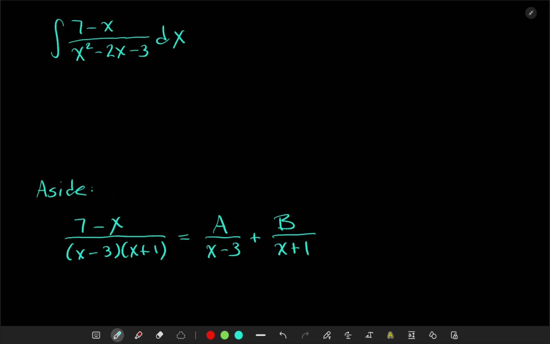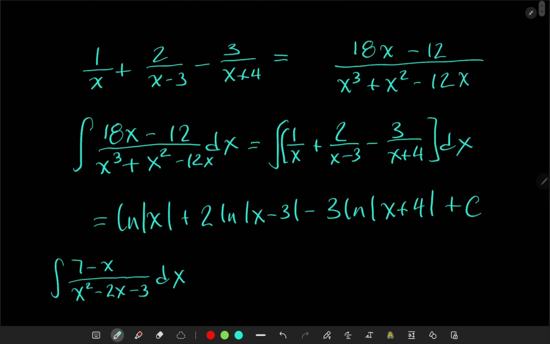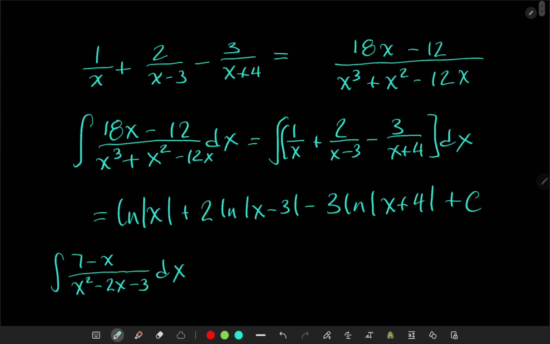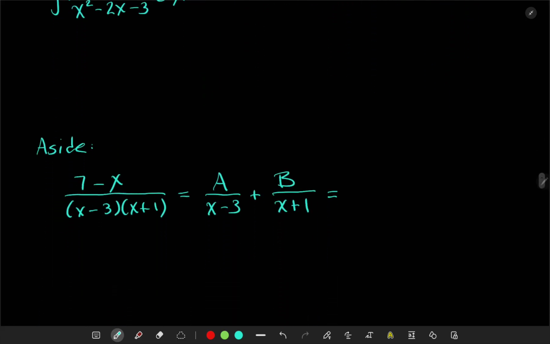So here we go. You're going to look at this expression, and how did we go from the nice expression to the quote-unquote ugly expression? We did a common denominator, right? So I'm writing my nice expression, and to go back to the ugly expression, I'm going to do a common denominator.